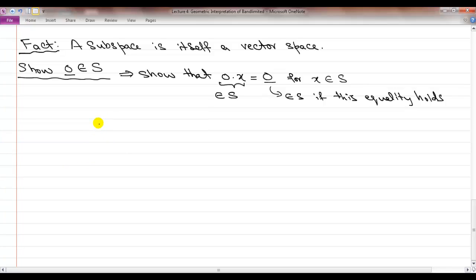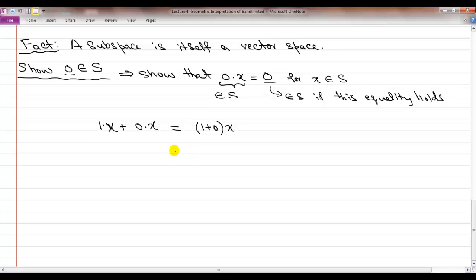So the way it will go is, we will write 1 dot x, where 1 is a scalar, plus 0 dot x. Now this, by the distributivity property, I can write as (1 plus 0) x.